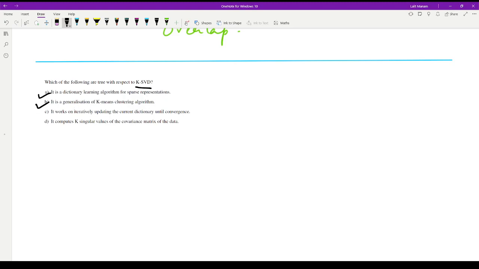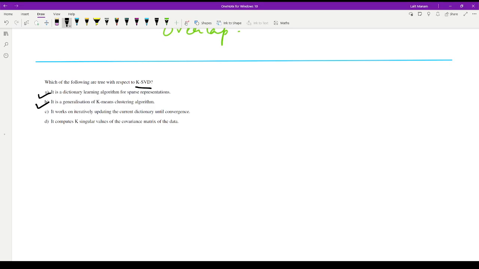And in the class there was a good comparison of the k-means clustering algorithm and the KSVD algorithm. They try to give an idea of how k-means clustering algorithm can be thought of as a KSVD algorithm, but for an extremely sparse case.